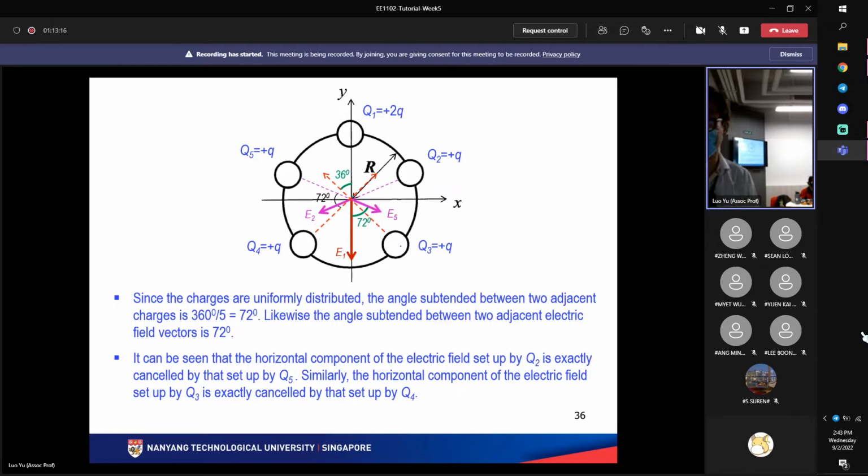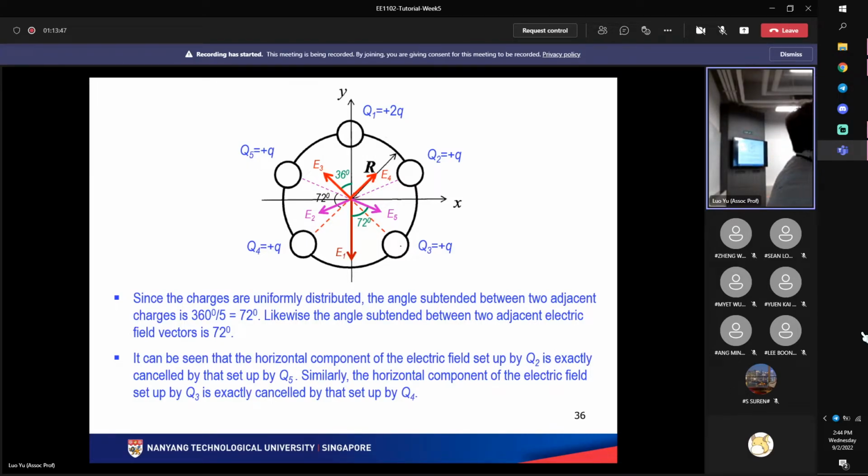The same applies to E3 and E4. E3 and E4 form an angle of 30 degrees with respect to the vertical, and E2 and E5 form an angle of 72 degrees with respect to the vertical. Due to the mirror symmetry, the X components of E3 and E4 also cancel out each other.